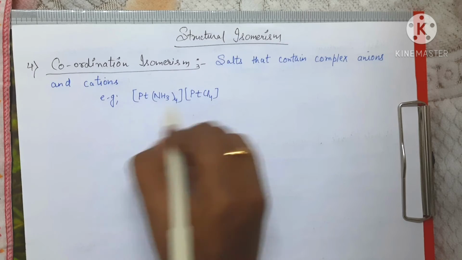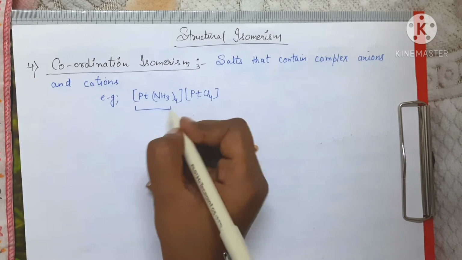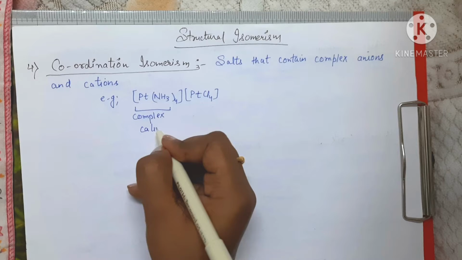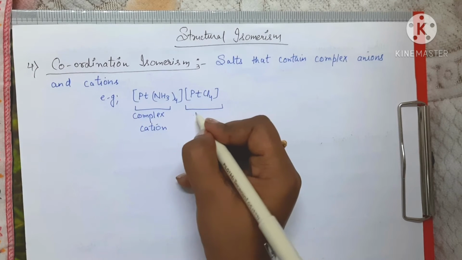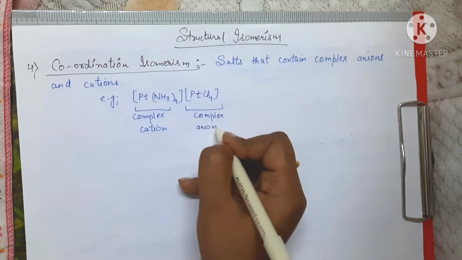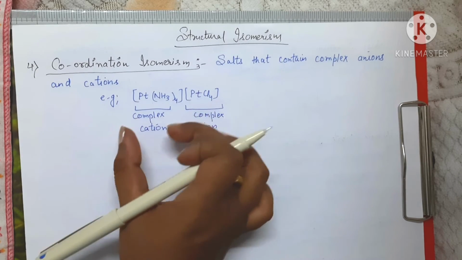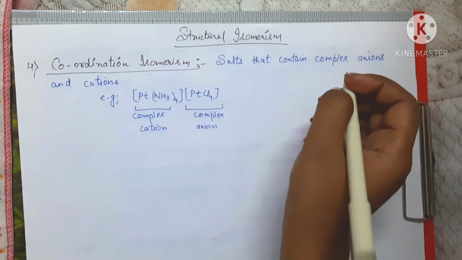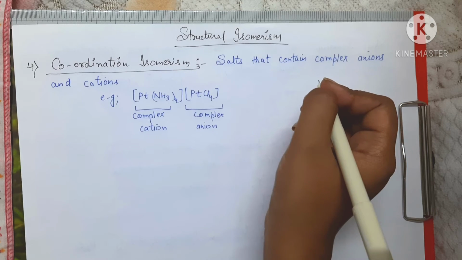This is a type of salt in which we have complex cation and also complex anion. So these types of salts in which we have a complex cation part and a complex anion part, these are going to show the coordination isomerism.